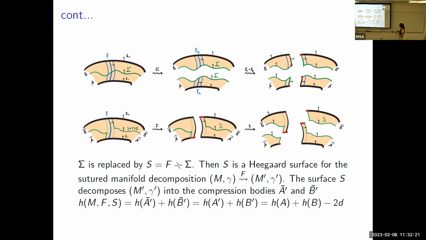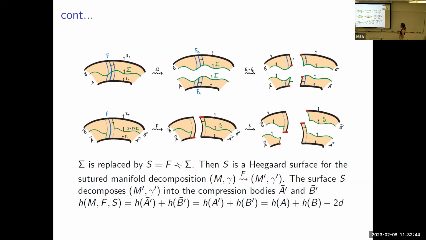When we count the handle numbers of these compression bodies, because we just add a product, they have the same handle number as the A prime and B prime compression bodies.